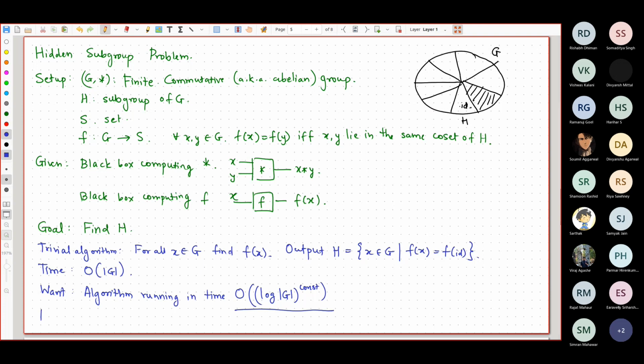So fact: this is believed to be hard on classical computers, but quantum computers can do this.